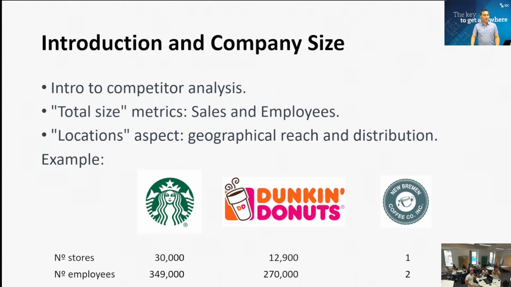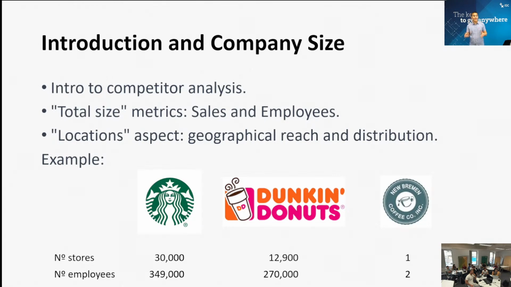So in terms of number of stores, these are approximate figures. Starbucks owns or franchises 30,000 stores in total. Dunkin' Donuts, approximately 13,000. And New Bremen Coffee Shop, only one store. Seems like New Bremen Coffee should apply different strategies if they want to compete with two well-known brands, where Starbucks competes directly and Dunkin' Donuts competes indirectly.